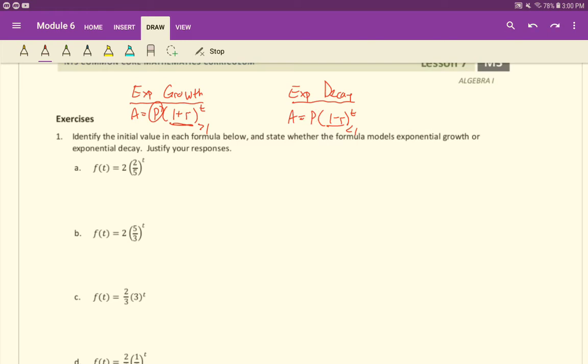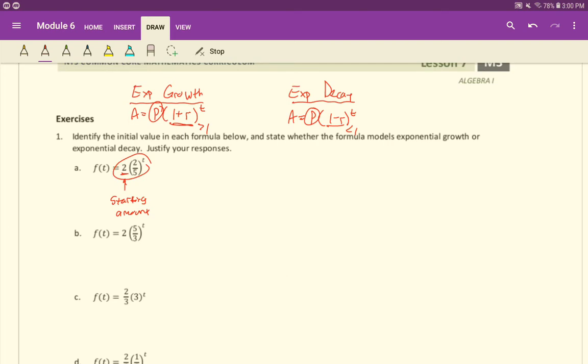So let's take a look. For letter A, what's our starting amount? What's the P value? Well, that's going to be 2. And then our growth or decay is determined by that 2/5. Now 2/5 is smaller than 1, which means when we take 2 and repeatedly multiply by a number that's smaller than 1, what's going to happen to the overall value?